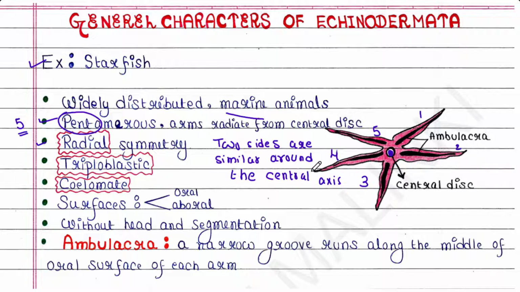So suppose this is the central axis, then this side and this side are similar. So it is called radial symmetry.